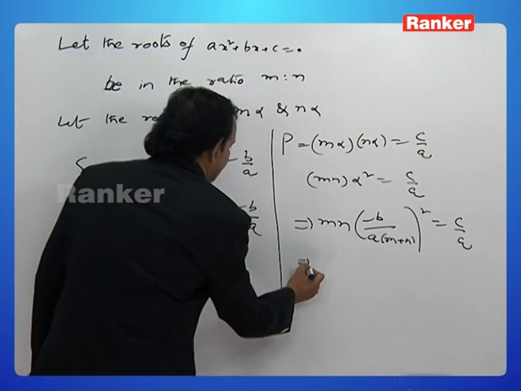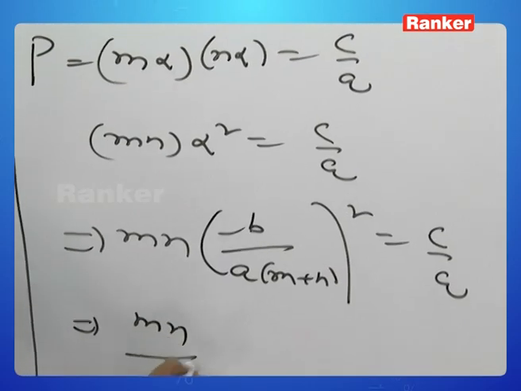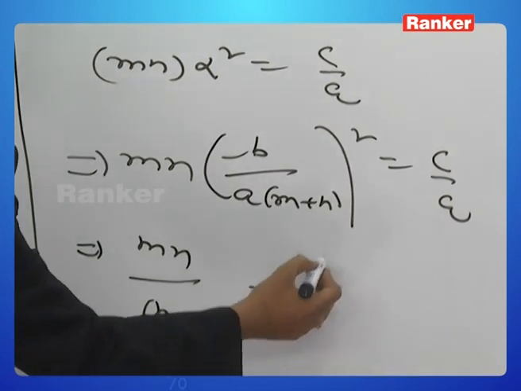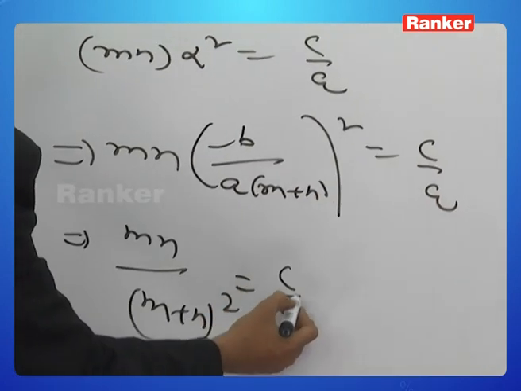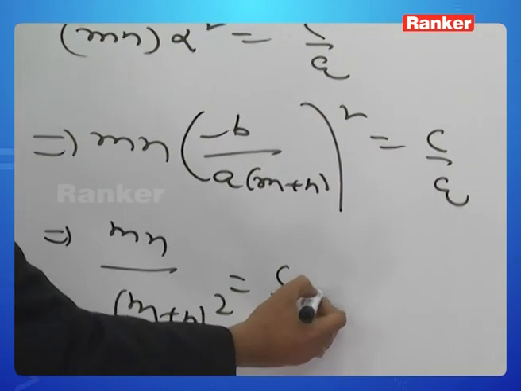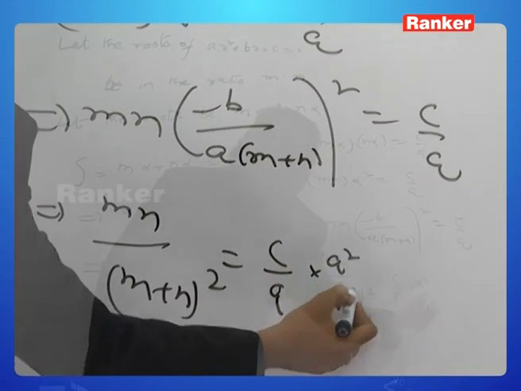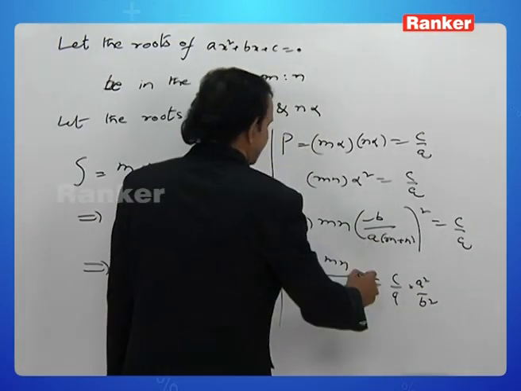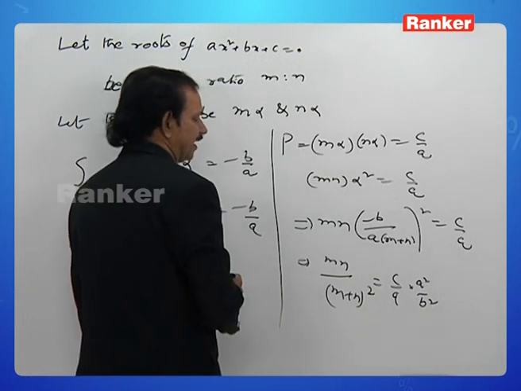From this, mn by m plus n whole square is equal to, here it is c by a, here it is b square by a square. If it goes that side, what happens?